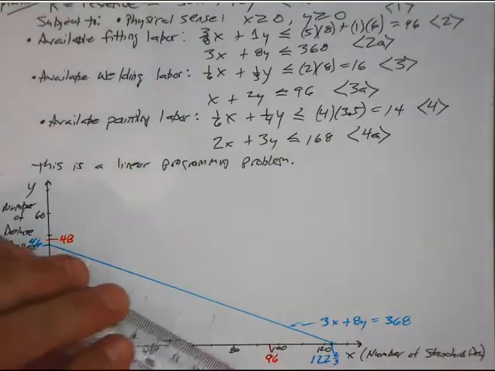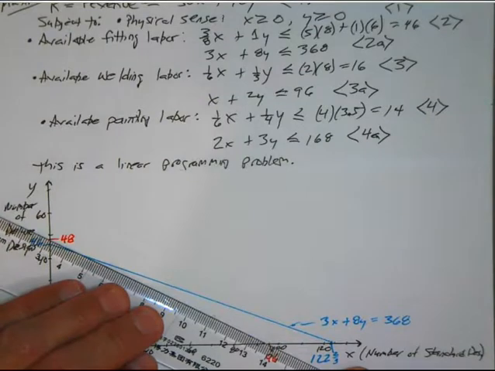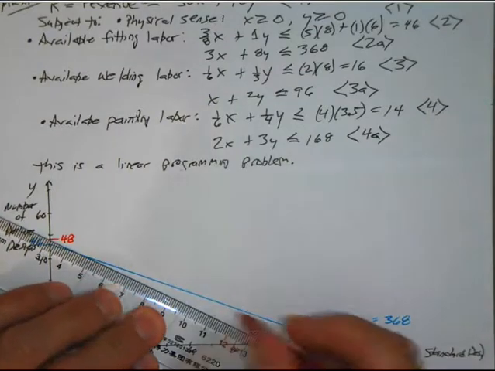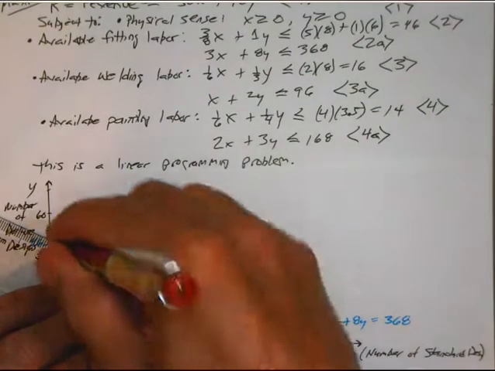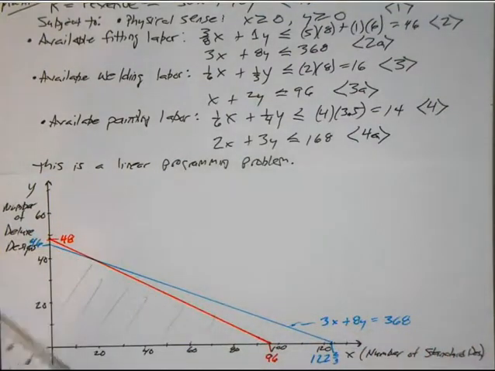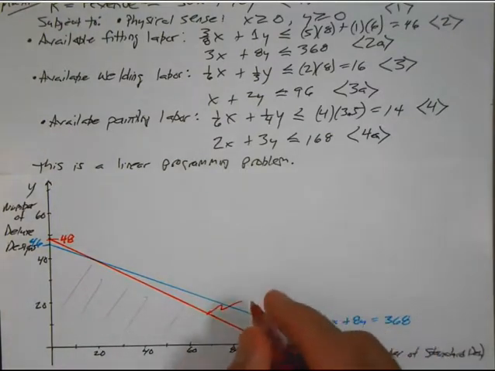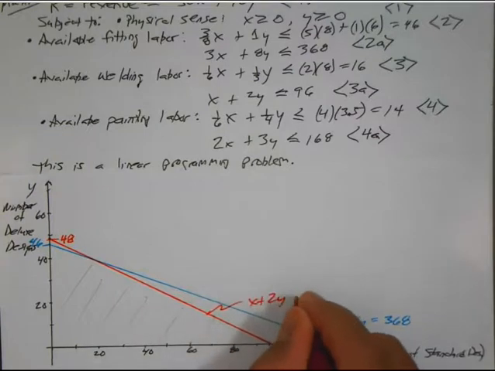And now, the ruler for the boundary line, solid line. It's an or equals to type of inequality. Okay. And the equation that goes with this is x plus 2y equaling 96.